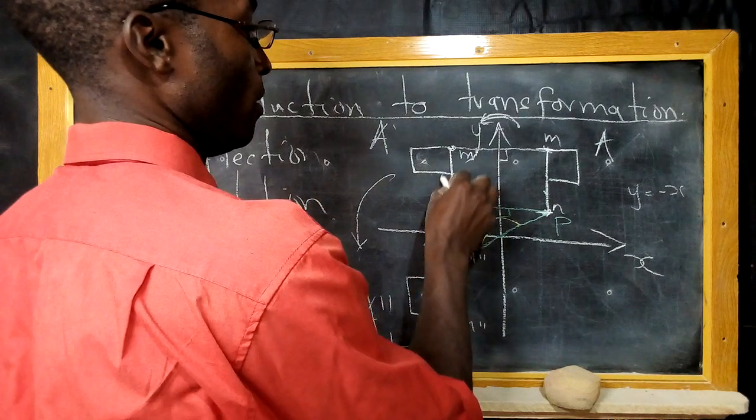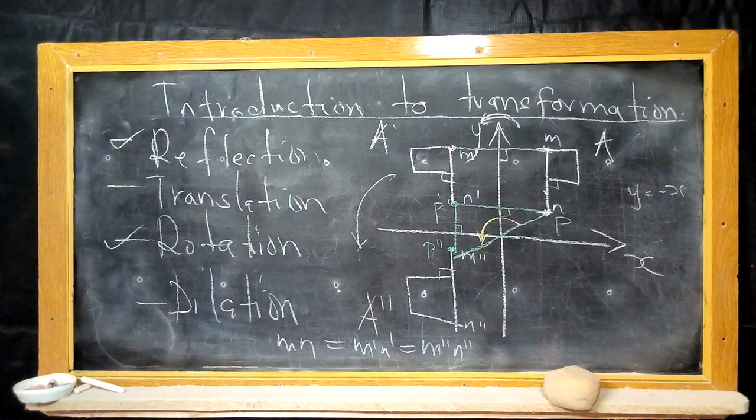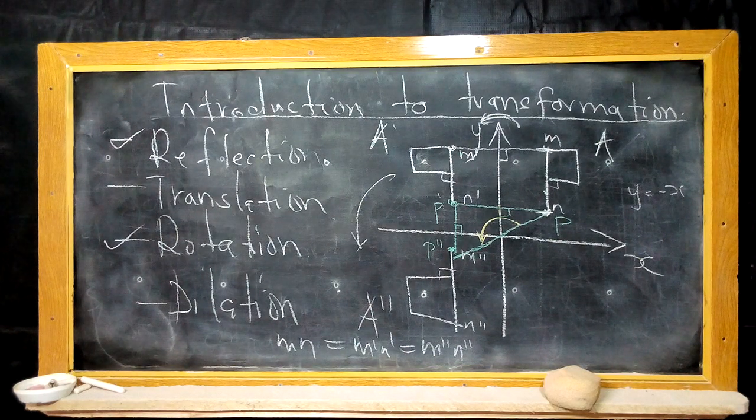Suppose this one was a 90 degrees angle for this figure at this point, it will just be preserved as well. And then the orientation will as well be preserved for this case. We said for reflection, the orientation will be different, but for this case, the orientation will be preserved. We will just use another figure to demonstrate that, but that's one of the characteristics for a rotation transformation.